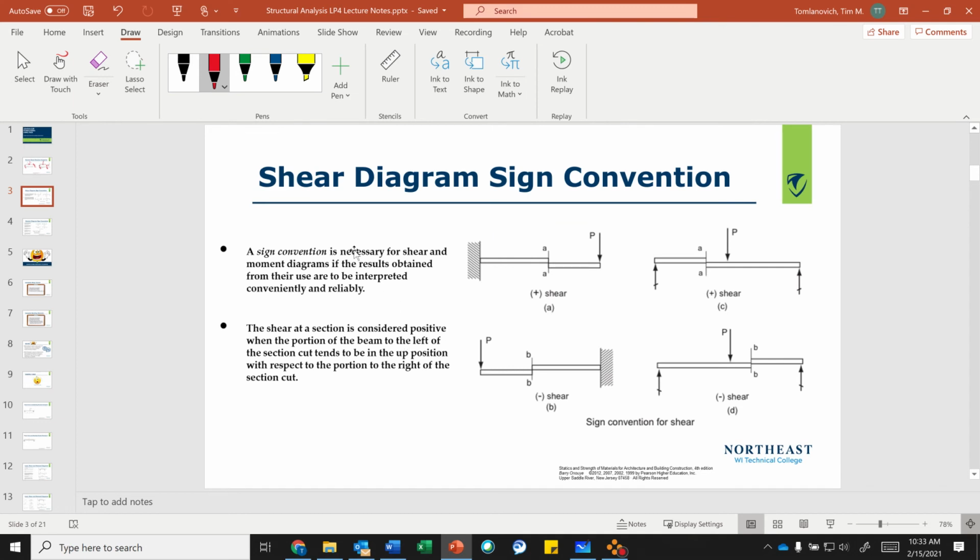Okay. So shear diagram convention. A sign convention is necessary for shear and moments if the results obtained from their use are to be interpreted conveniently and reliably. So now we're taking all our exterior loads, weights of materials.